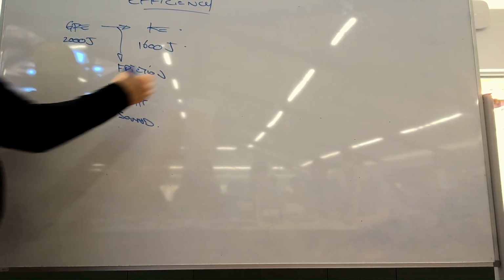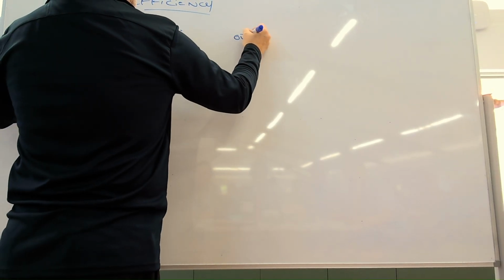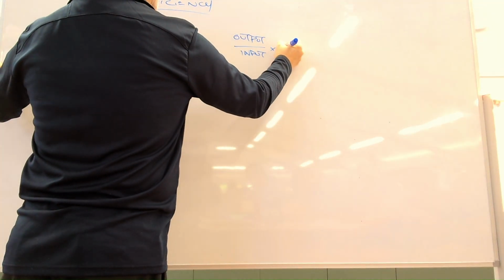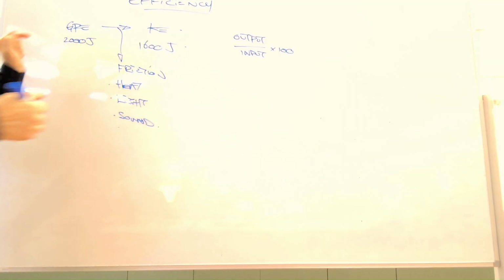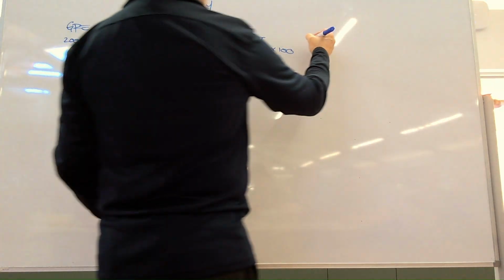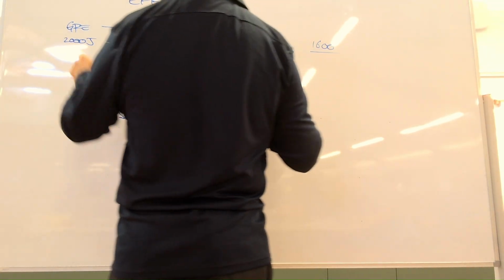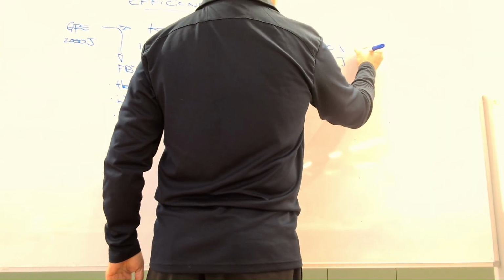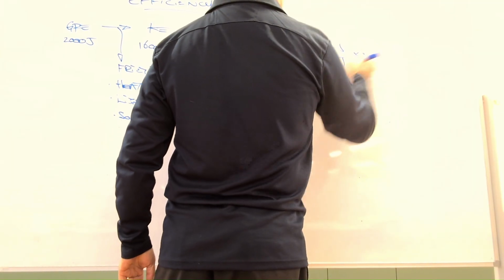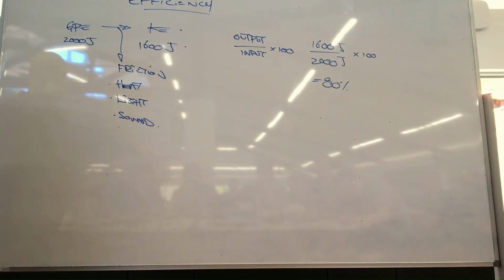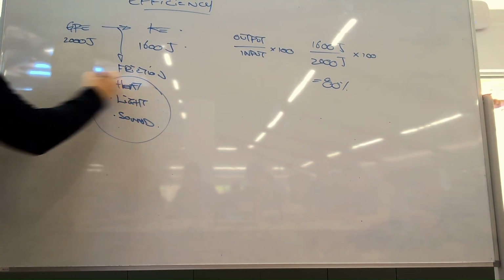So the efficiency is output on input times 100. So the energy that we want here is 1,600. 1600 divided by the input, which is 2,000 joules, times 100, and that would be 80% efficient, which means 20% of the energy has been wasted.